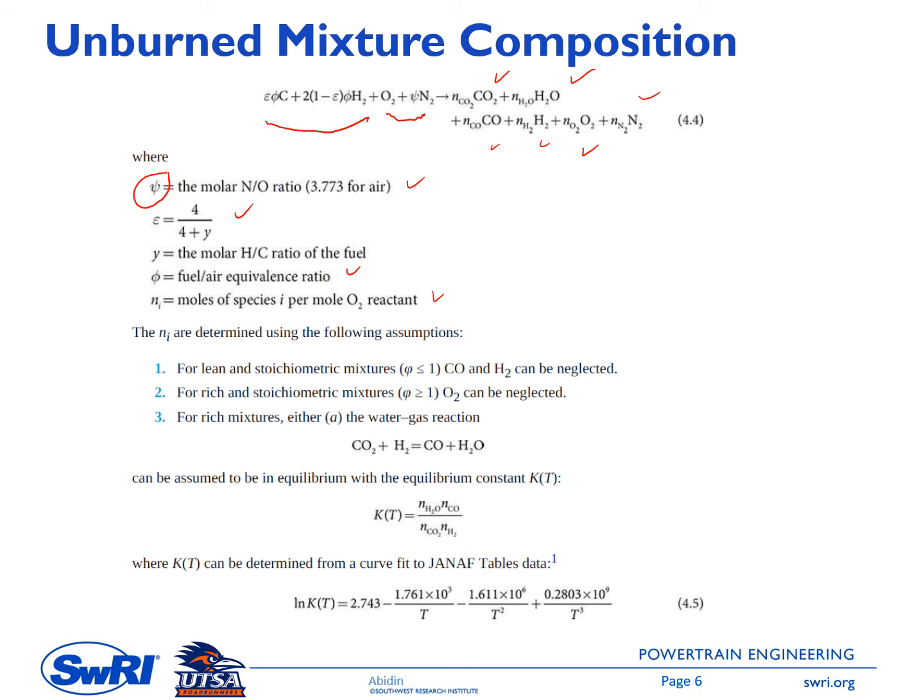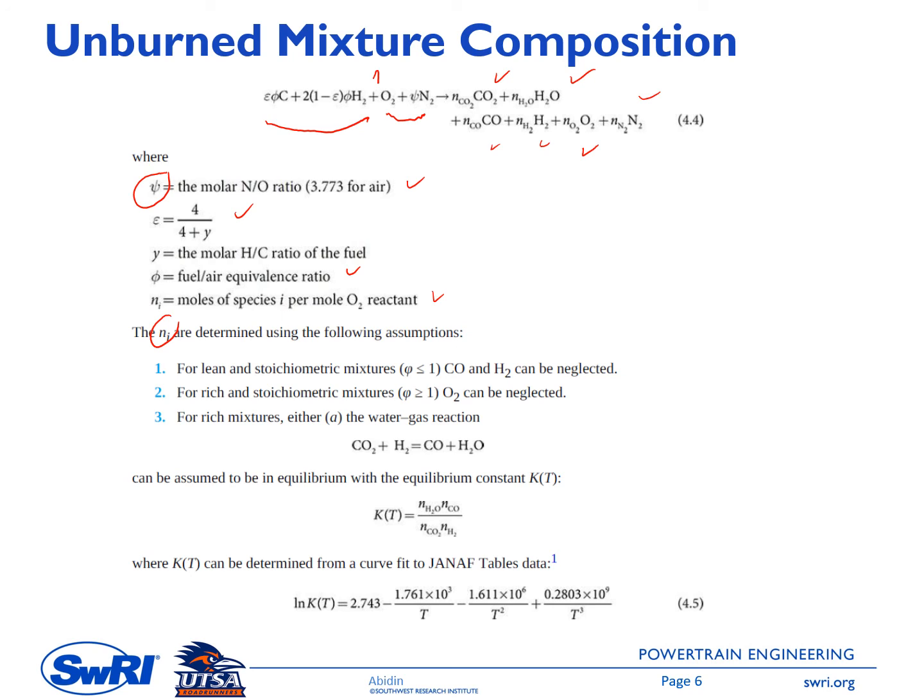So you can see in here the number of oxygen moles is 1. And then our goal here is to get the Ni. So in this case, we calculate Ni by following these assumptions.